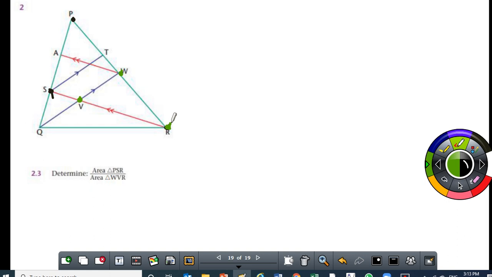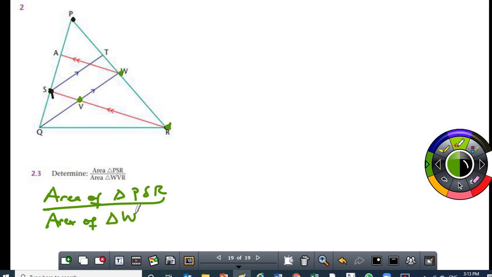So here, it's so simple. Area of triangle PSR divided by the area of triangle WVR is equal to, for PSR, a half times PR times SR times sine of the common angle.